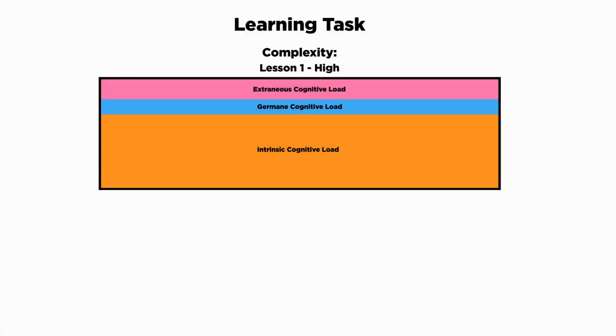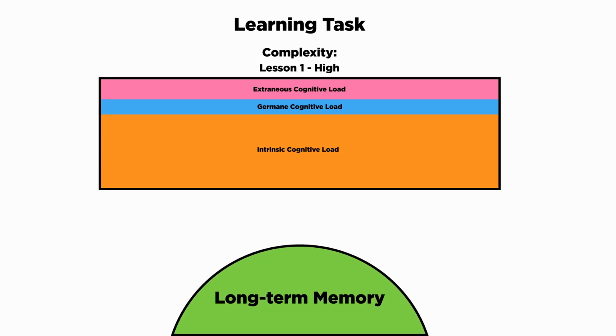We can also manage intrinsic load by being mindful of the order in which we present information in the context of a complex learning task. Here we have an example of a highly complex learning task that puts a strain on intrinsic load. As I mentioned before, our ability to access and process knowledge from long-term memory is seemingly limitless and has no discernible impact on intrinsic load.